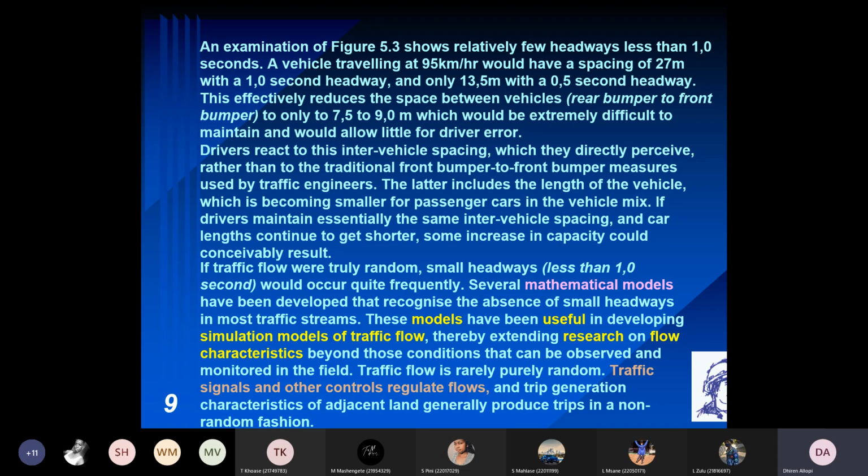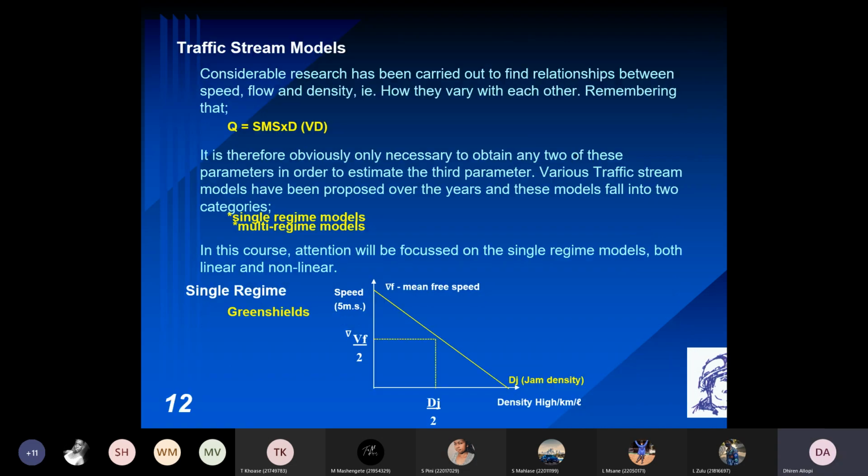We will look at some of them, or the main one. You can see in this slide the traffic stream models. There are various researchers like Greenshields, and another mathematician by the name of Greenberg, and a few others that developed these models showing the relationship between speed, flow, and density, and how they vary with each other.